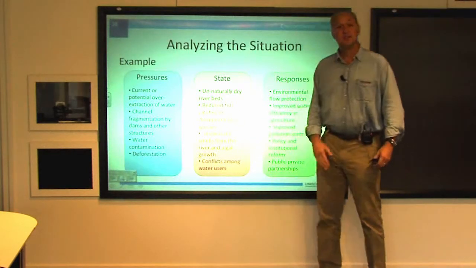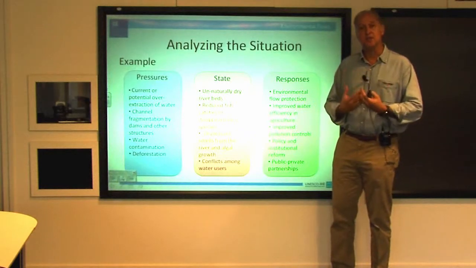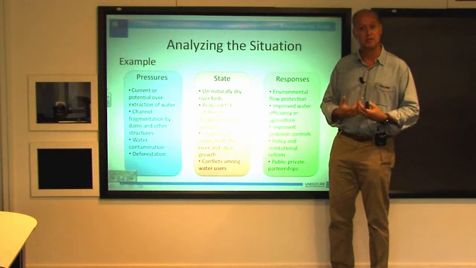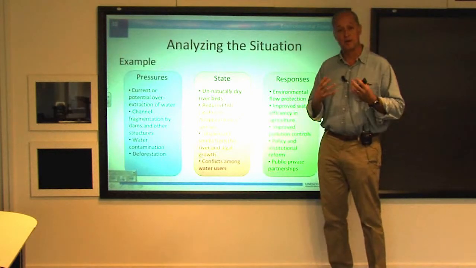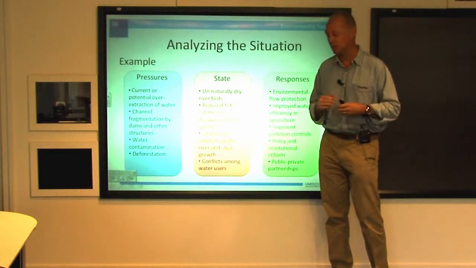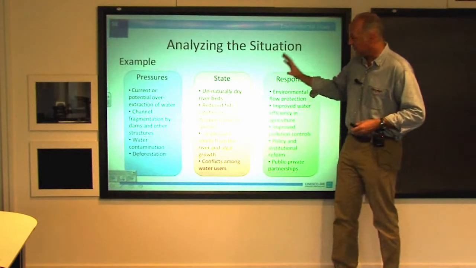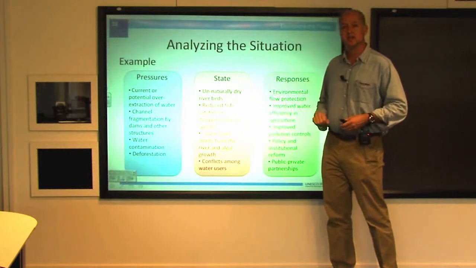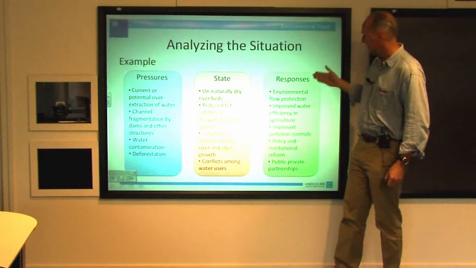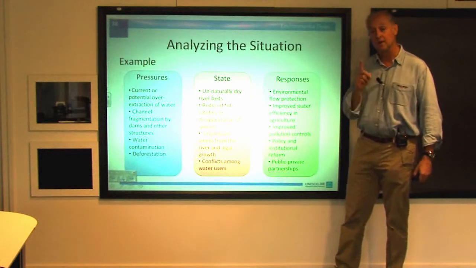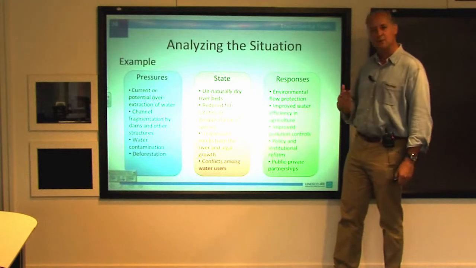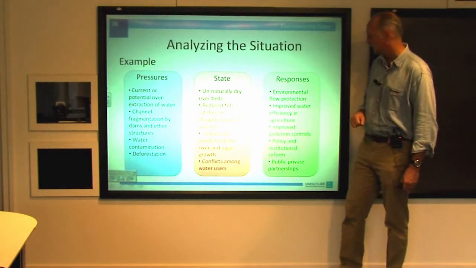And we might find that this is leading to a condition in which there's conflict in the basin. Conflict over the availability of water, conflict over the quality of that water for the different uses that people want to put the water to. And for this set of conditions, there's also a suite of possible responses, with environmental flow protection being one, and as I said, usually a very important one, but also improved water efficiency in agriculture.